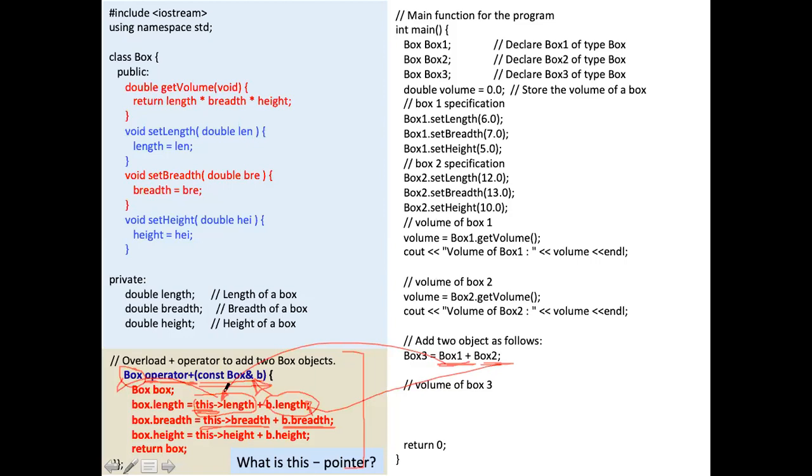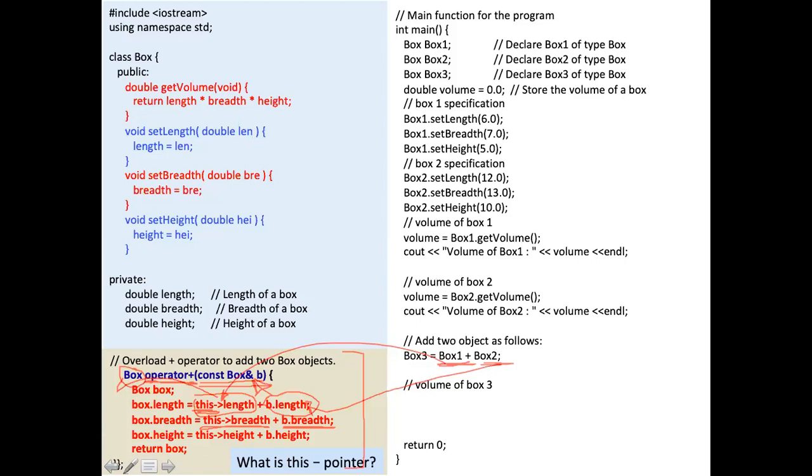Okay, so this is the simple explanation to this pointer. We'll have a detailed discussion next time, but keeping this in mind, you can understand कि यहाँ पे जो है वो हो क्या रहा, right?